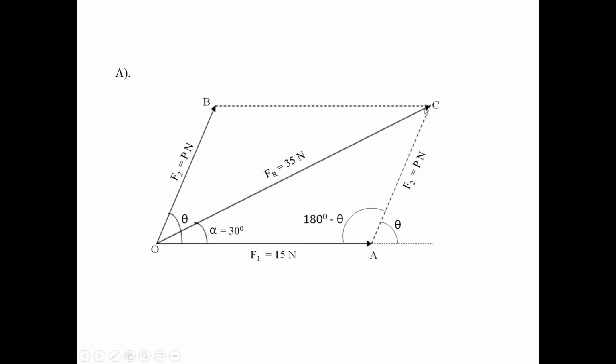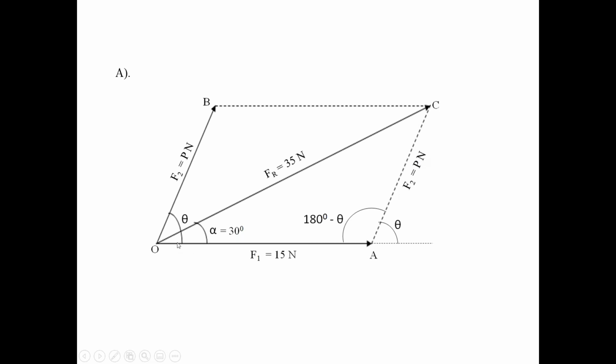Complete the parallelogram. Opposite sides OA and BC are parallel and equal in length. Similarly, opposite sides OB and AC are parallel and equal in length. The side OB is F2, P Newton, so side AC is also the force F2, P Newton.